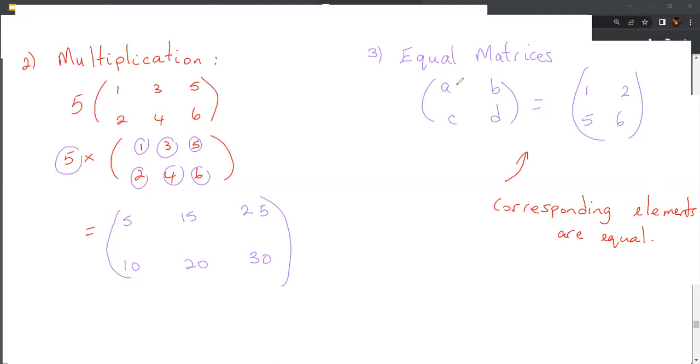Right, so that means this will be equal to this. So A is 1. This will be equal to this. So B is 2. This is equal to this. So C equals 5. And this corresponds with this. So D is equal to 6.